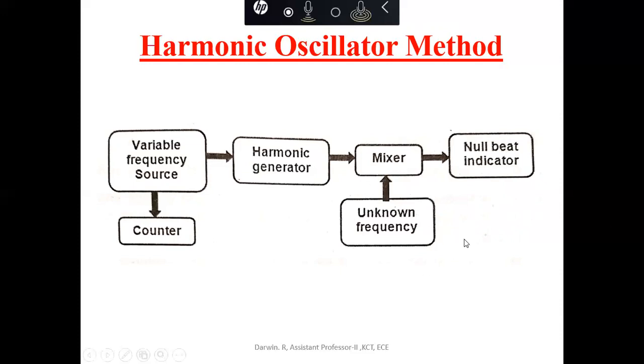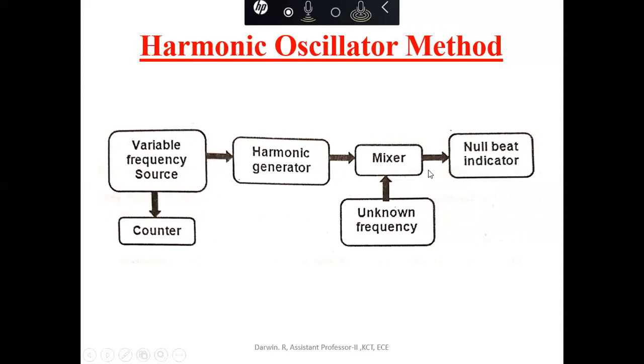We can't do anything with that unknown frequency. The only thing we can do is find the frequency of that unknown device. To find that, we vary the variable frequency source. You know what frequency you are generating using this variable frequency source. Go on varying.